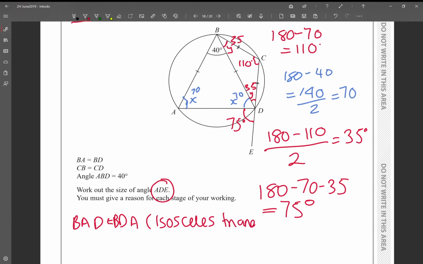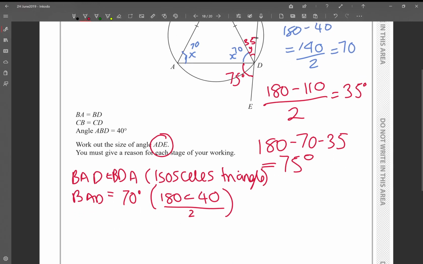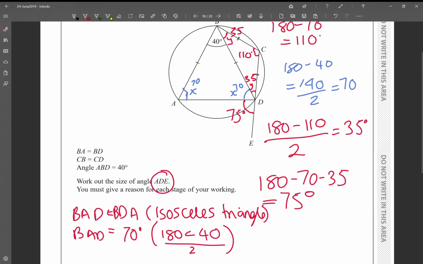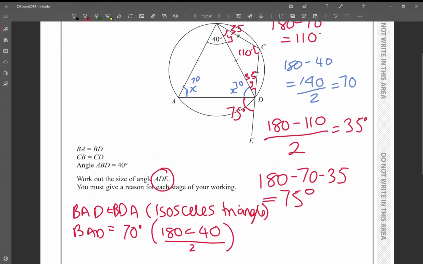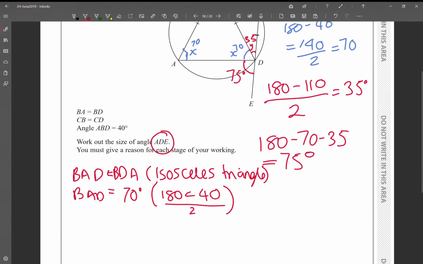And then you'd go BD equals 70, and you might want to put in there, you've already got the workings up here, and then divide by 2. So that's telling you about this x over here. Okay, then work to the other one, so then find out this BCD.